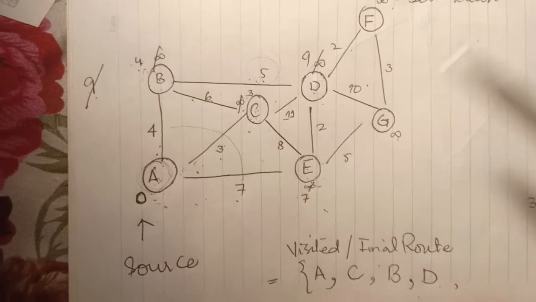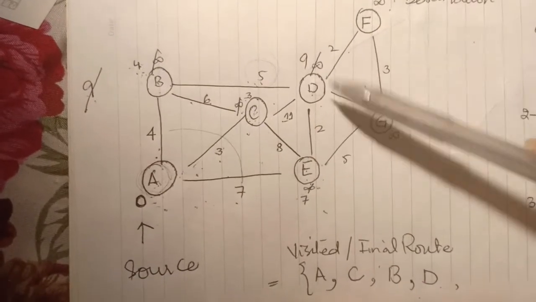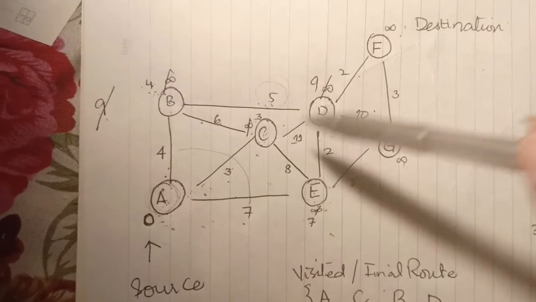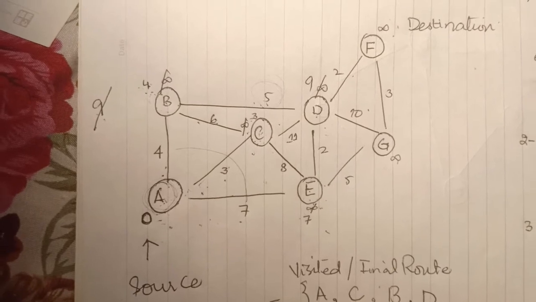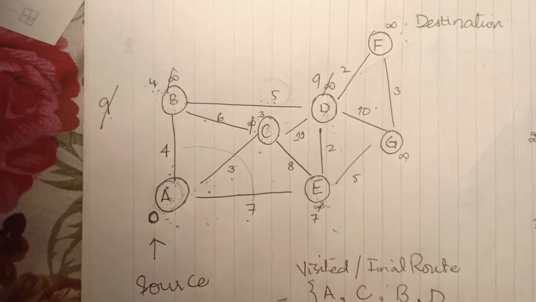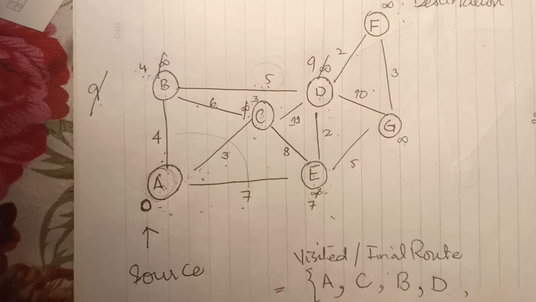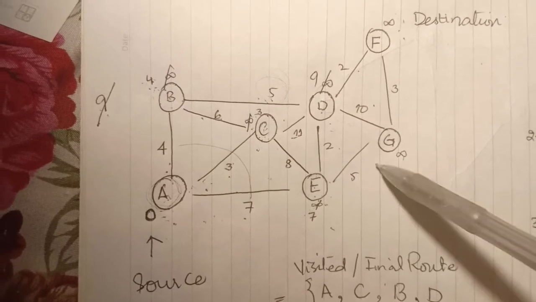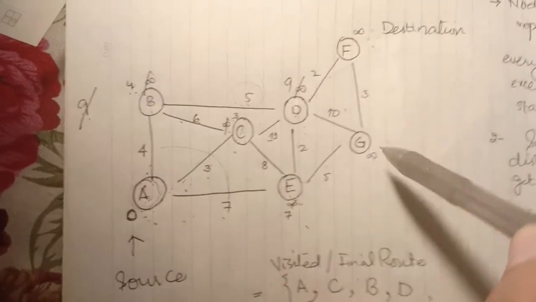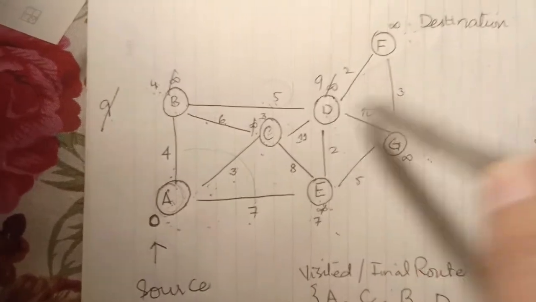But our target point and destination was F, so we need the shortest path to F, and also the path which is easier and quicker. If you go to E, you will get to G and then F, and it will not be very fast.